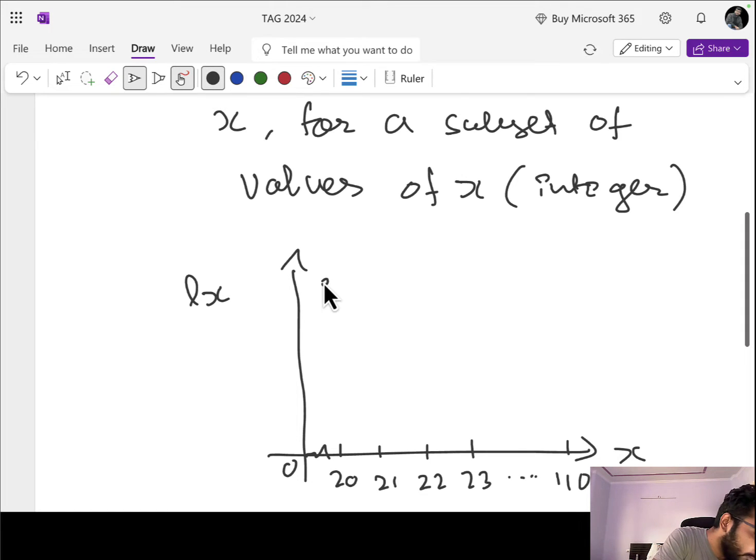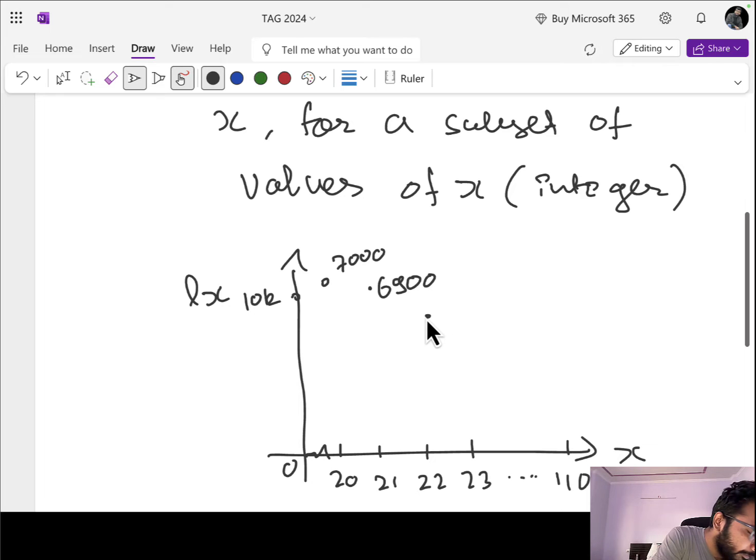So, I know a value here, which maybe let's say is 10,000 is what we start with at 0. And then by the age of 20, it is some 7,000. And then at 21, another 200 people die. So, let's say this is 6,900.